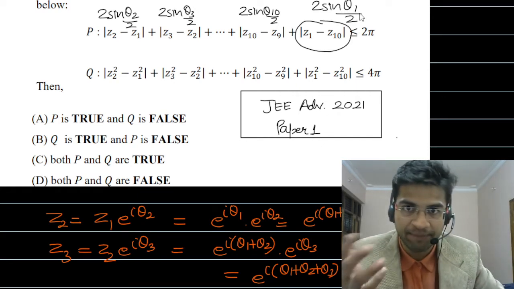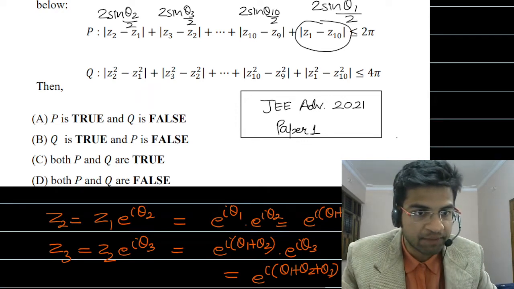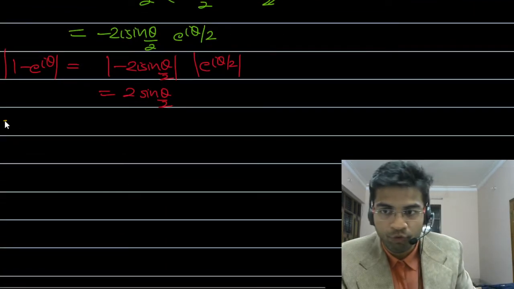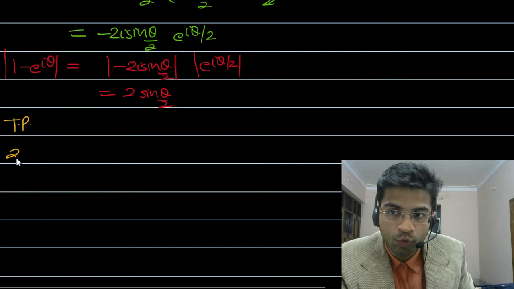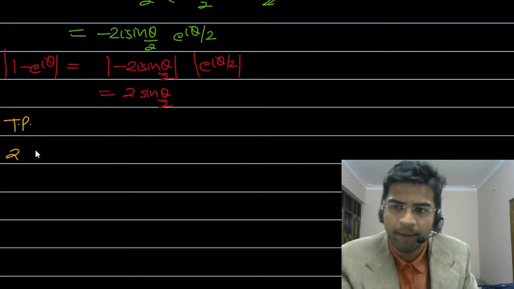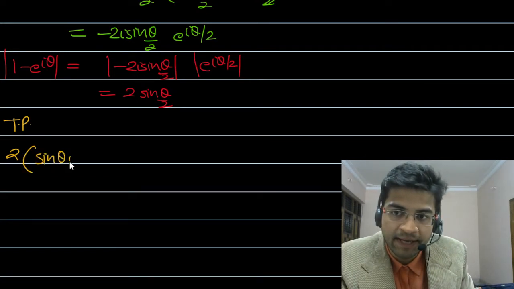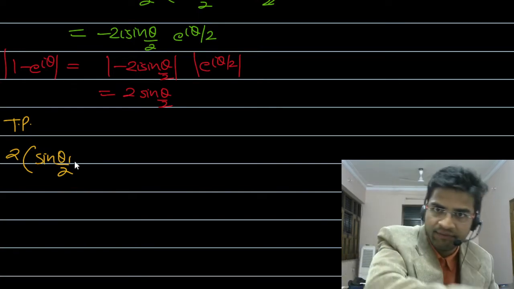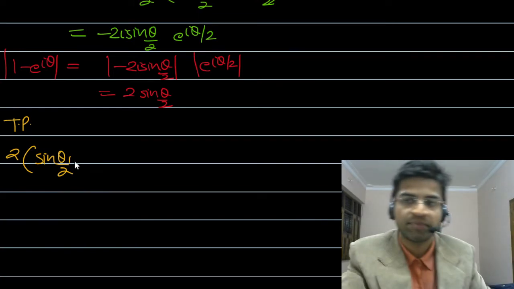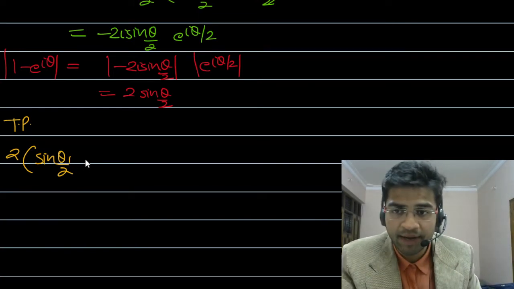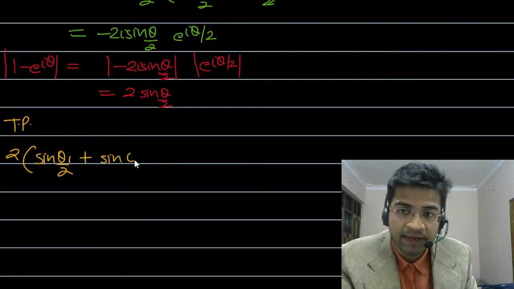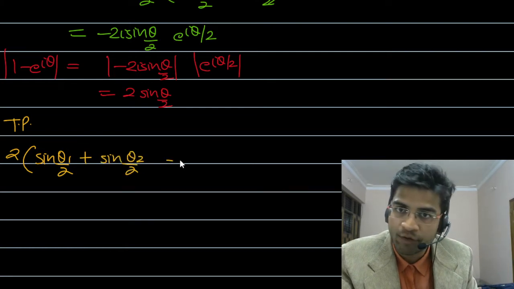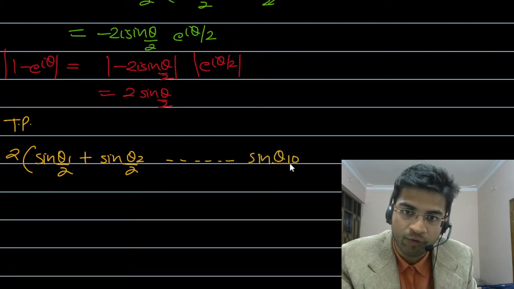Our problem statement is reduced to proving: you can take 2 common, and I am taking the last term in the first place, 2 times sine theta 1 by 2 plus sine theta 2 by 2, and it goes on up to sine theta 10 by 2.